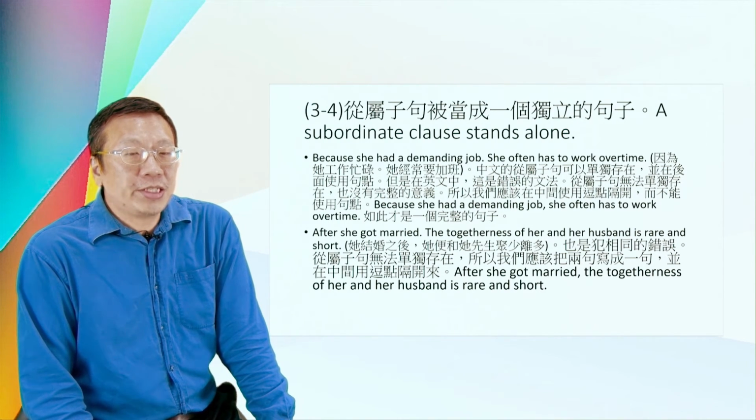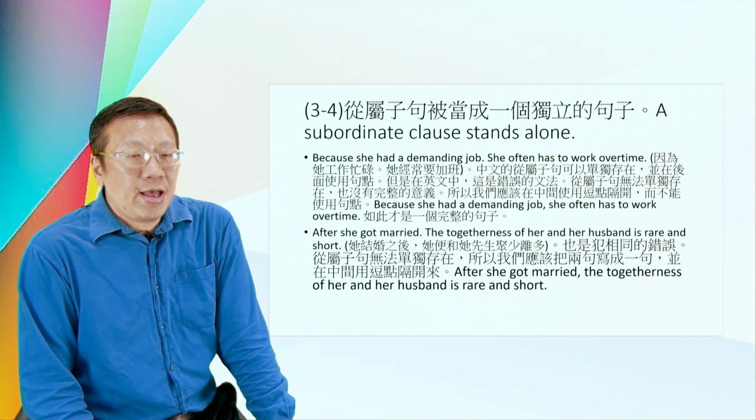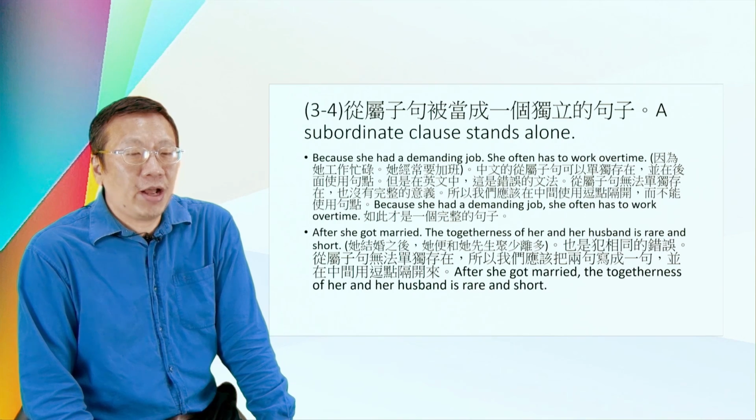The togetherness of her and her husband is rare and short. 她结婚之后，她便和她先生聚少离多，这也是犯了相同的错误。从属子句无法单独存在，所以我们应该把2句写成一句，并在中间用逗点隔开来。After she got married, the togetherness of her and her husband is rare and short.